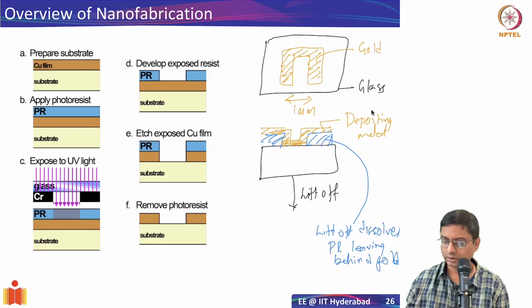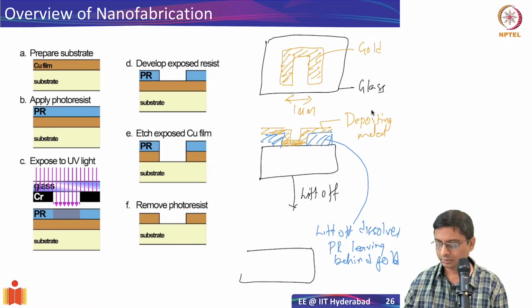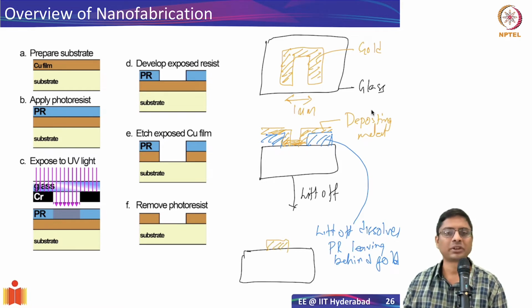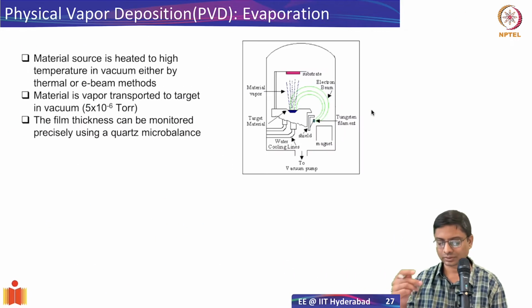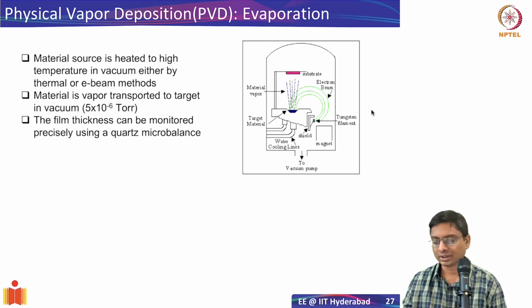Because of that, at the end of it, you get basically a film like this, and then there's a gold pattern like this. So this is a cross section, but you can make a split ring resonator like this. So this is one of the ways to make the structure that we have. And then I said we'll talk about evaporation.